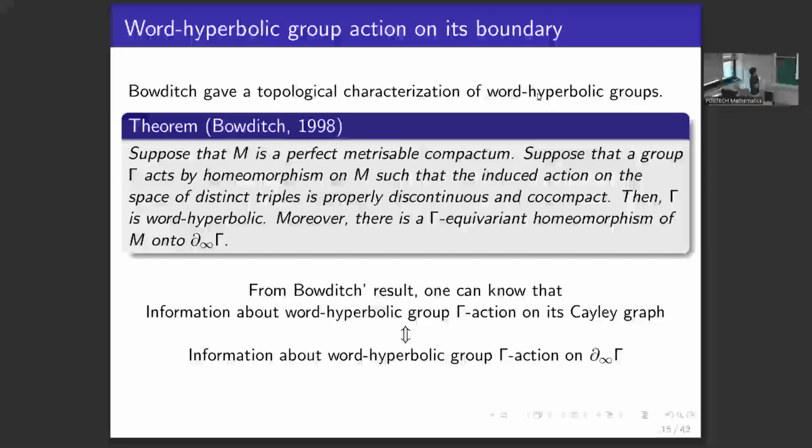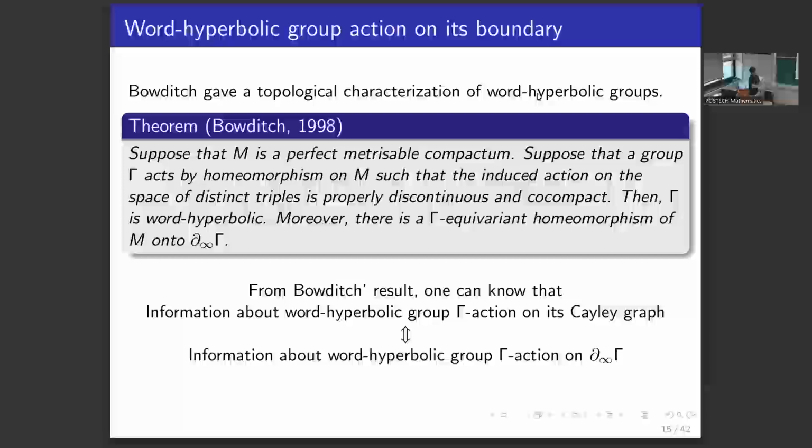This theorem shows why the boundary of a word hyperbolic group is important. Bowditch gave us a topological characterization of word hyperbolic groups. Here, M is some compact space, and gamma acts by homeomorphisms on M, and this action satisfies this condition, which is a completely topological condition.